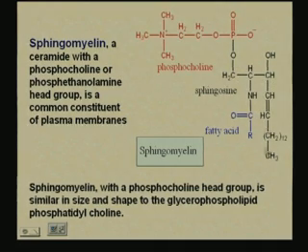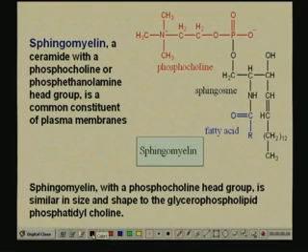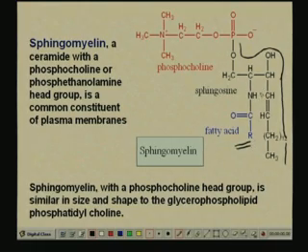This is the long carbon chain that you had. Okay. So, this is the sphingosine moiety. This is the fatty acid attached to it to form an amide.